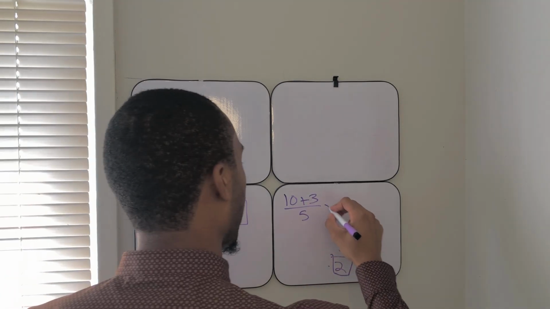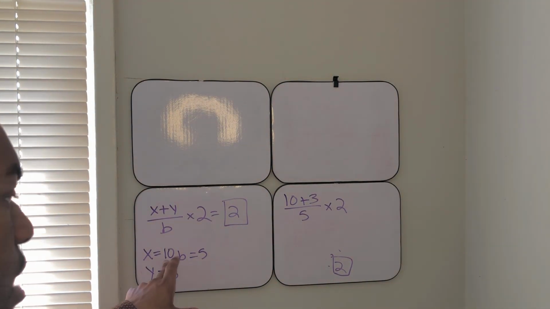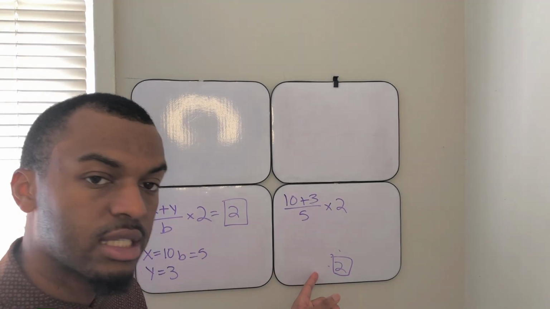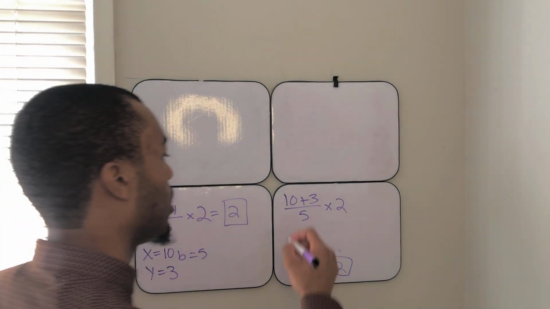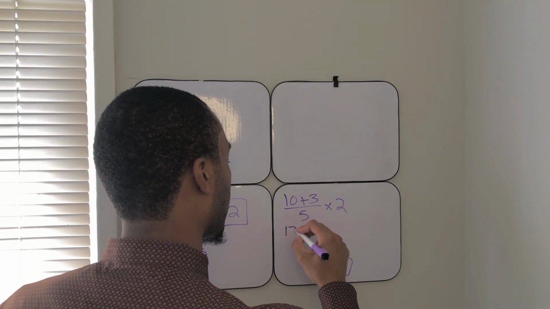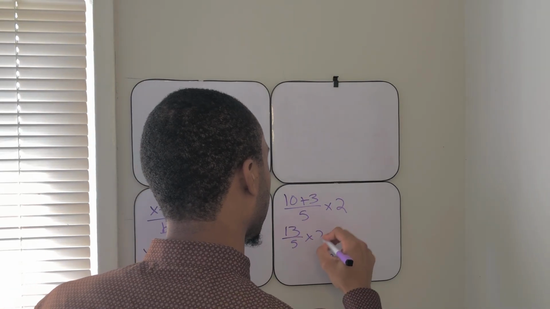And we're going to multiply all that times 2. Now remember, x was 2 last time. When x was 2, this is the answer that we got. But let's see what we get now. 10 plus 3 is 13, divided by 5, times 2.